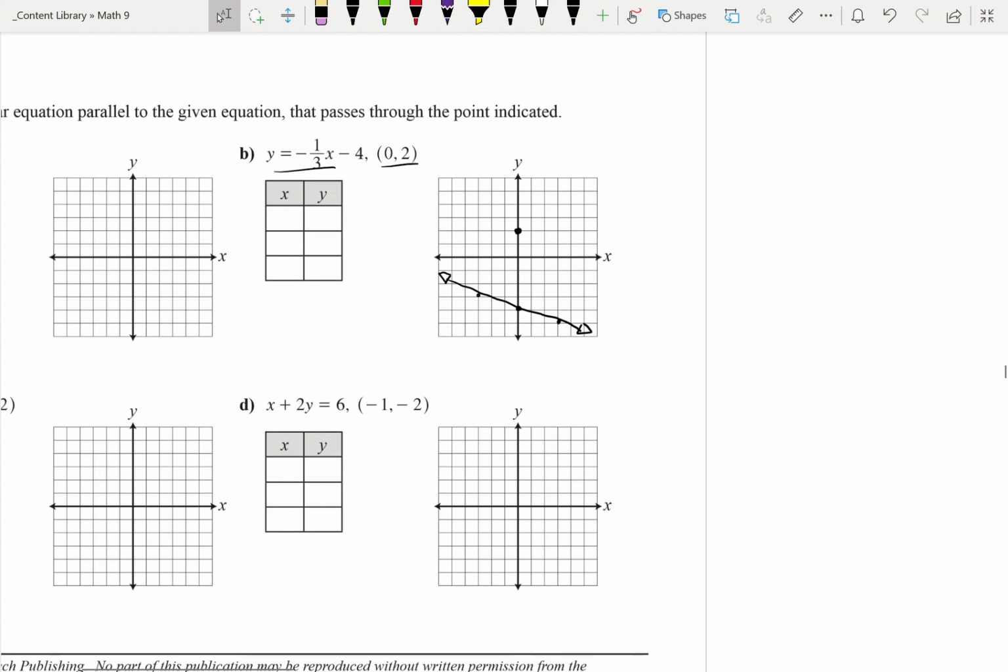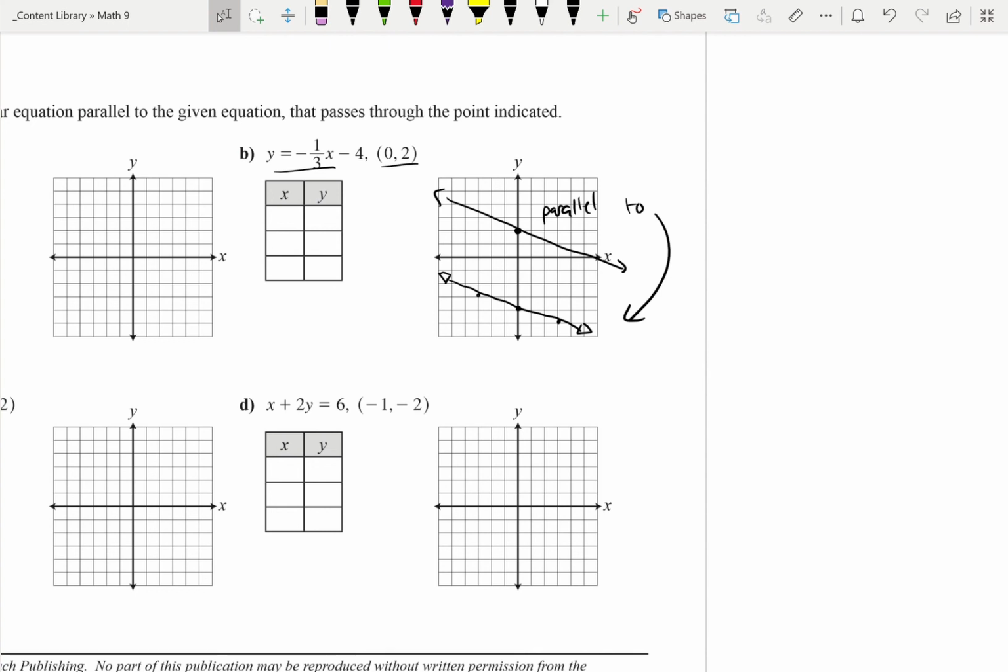So I need to make a line here that's parallel to this one. And I don't want to guess, I want to do it exactly. So think about what it means for two lines to be parallel.